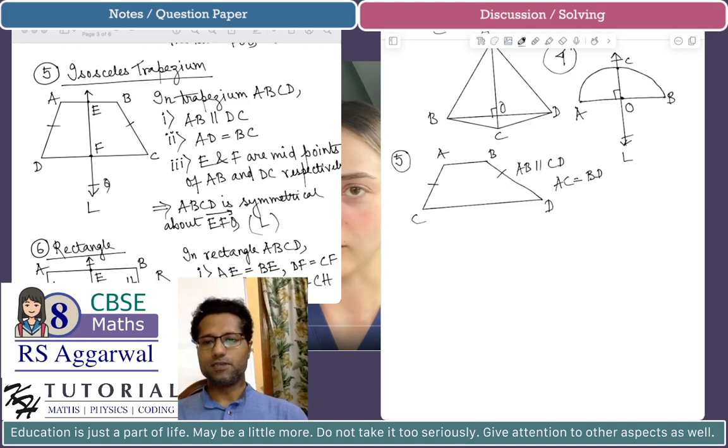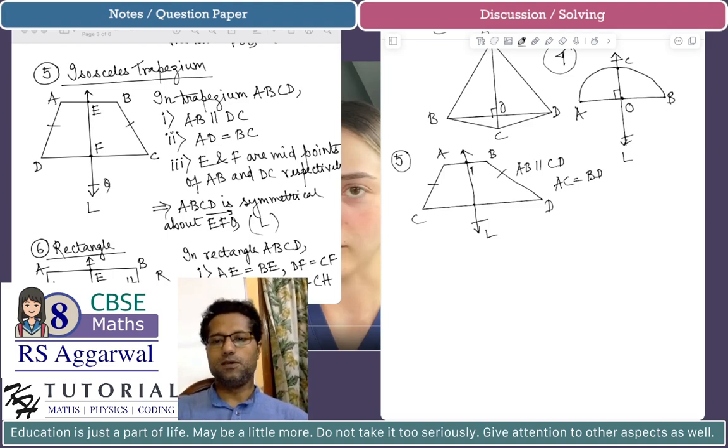For this isosceles trapezium, the line of symmetry is obtained by joining the midpoints of the two parallel sides. The two parallel sides are AB and CD. You take the midpoint of AB, you take the midpoint of CD, and if you join them, this line is the line of symmetry for the isosceles trapezium ABDC.